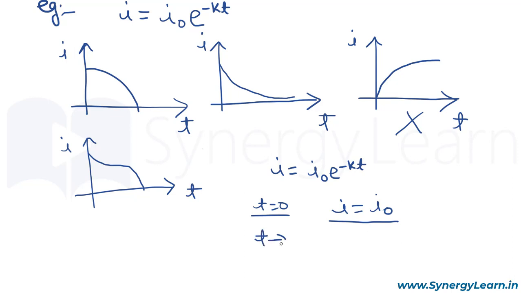At t tends to infinity, we have I equals I naught e raised to power minus infinity, which gives current as 0. But see, it is not equal to 0, it tends to 0.